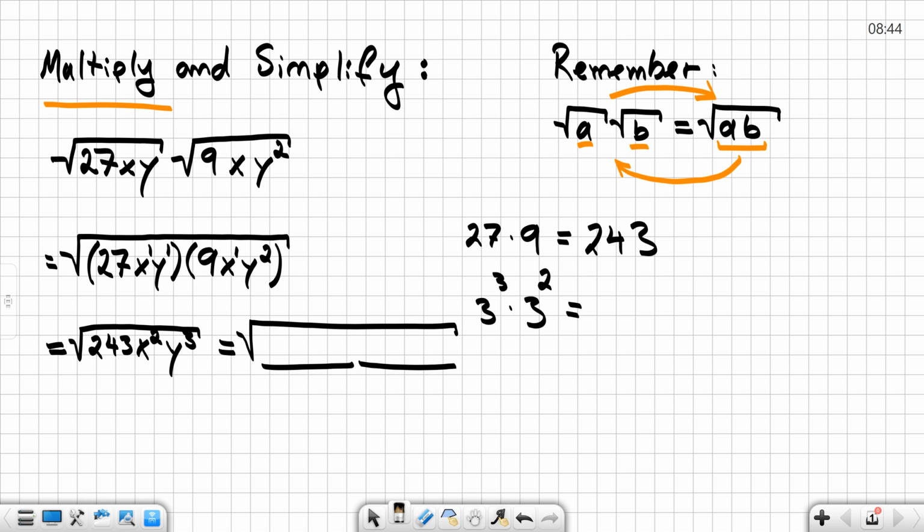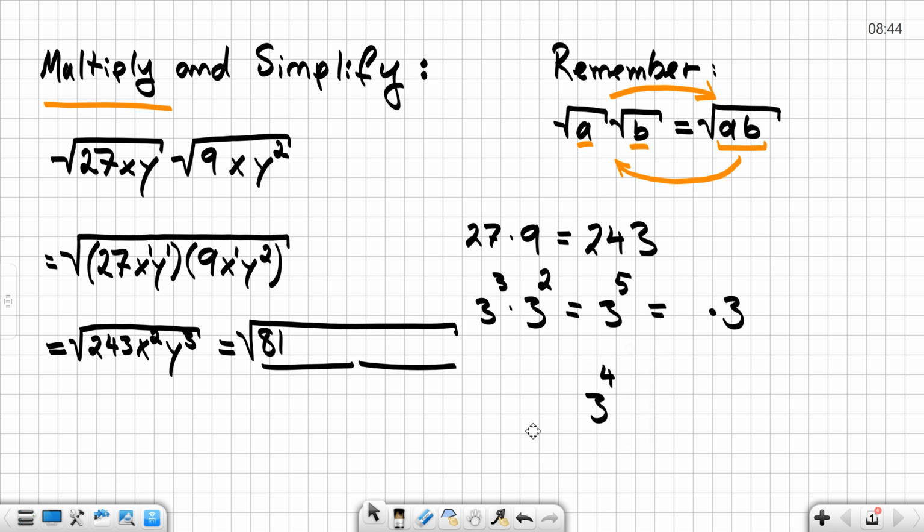And I still have 3 left over. Now 3 raised to the 4th is 81. I take this 3 raised to the 4th and put it first. But I still have this factor of 3, because both of these together will have to still give 243.